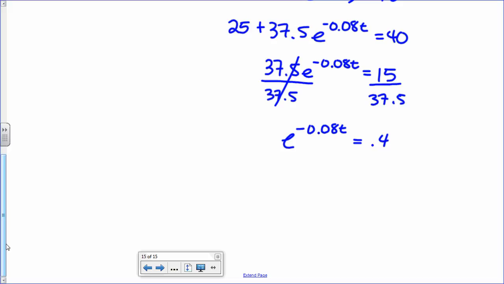So this is an exponent, and the inverse of an exponent is log. What is log base e? Natural log. So I want to do natural log of both sides. I'm going to wait to round until the end.